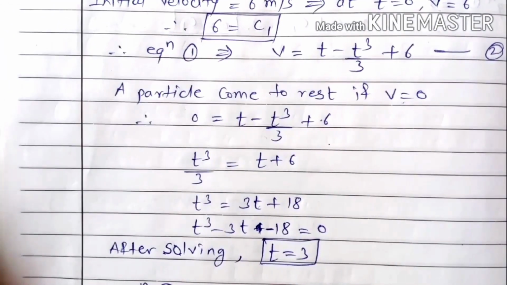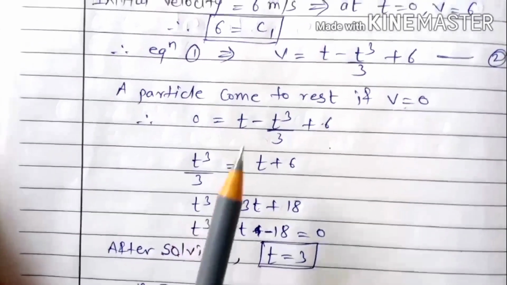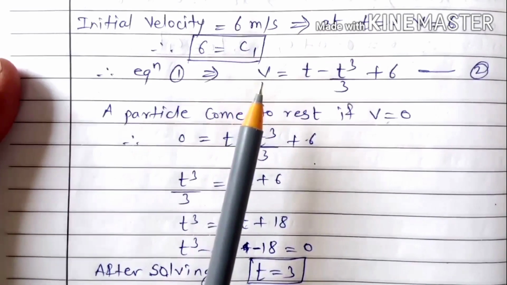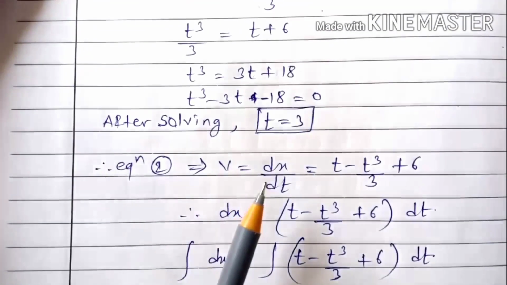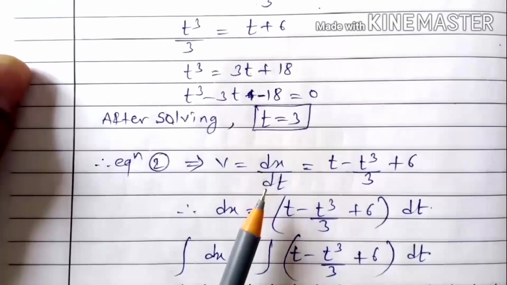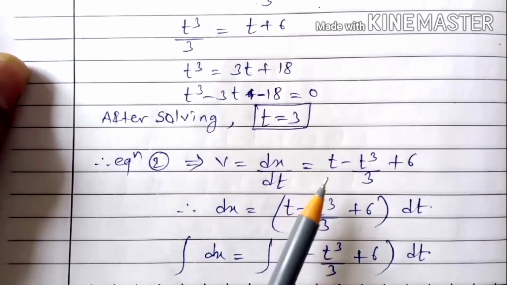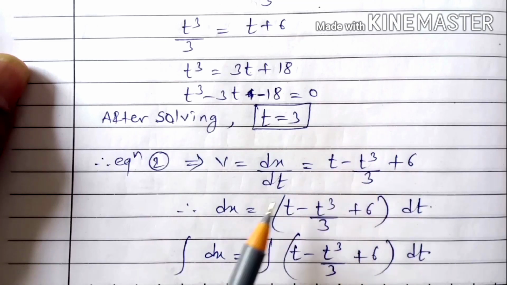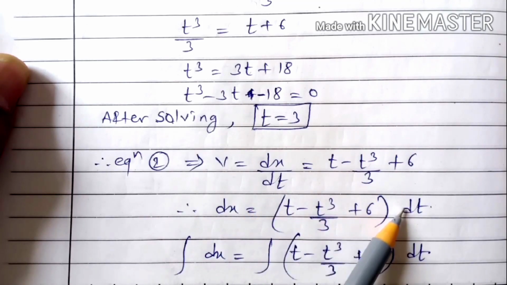Now next, in this equation 2, instead of v, we take dx by dt. So it becomes dx by dt equal to t minus t cube by 3 plus 6. Again shift dt to the right side and integrate both sides.